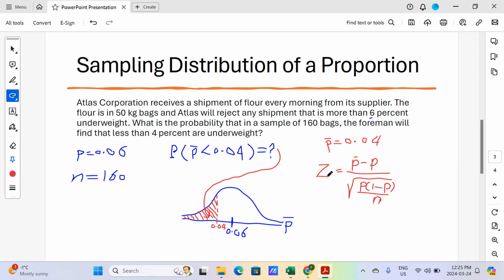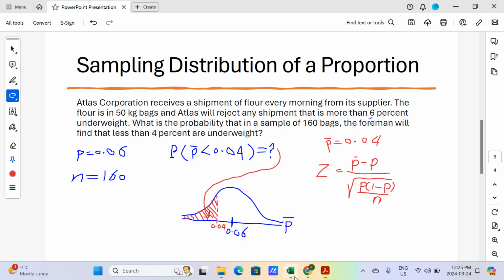After finding the Z value, I need to find the area on the left side of the Z value by using the standard normal distribution in Excel, NORM.S.DIST, and then Z, we can find the area on the left side.